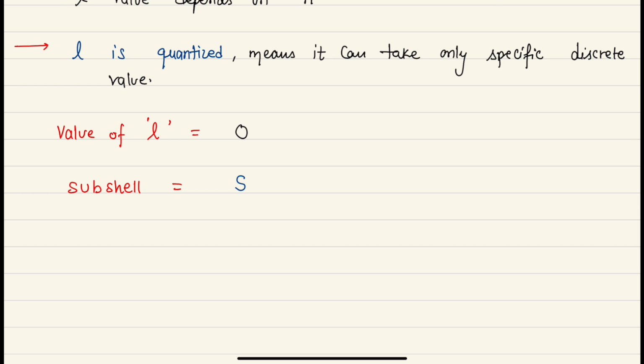If L is 1, it is called the p subshell. If L is 2, it is the d subshell. If L is 3, it is the f subshell, and so on: 4 for g subshell, h subshell, and all the alphabets.